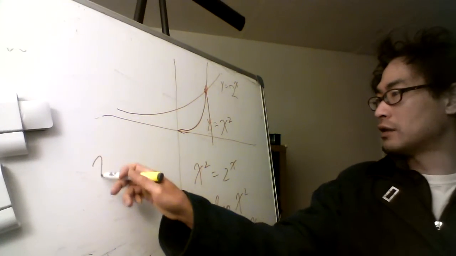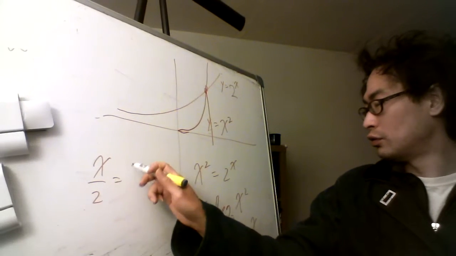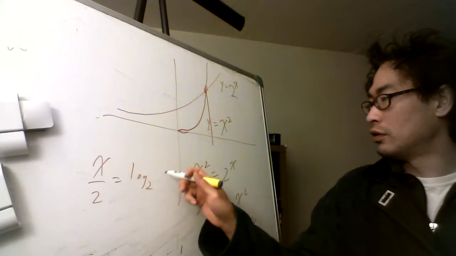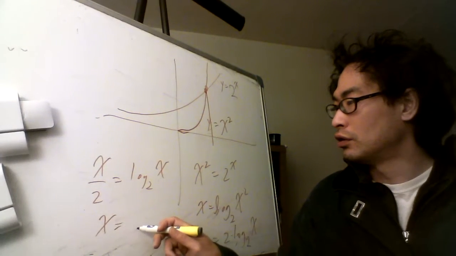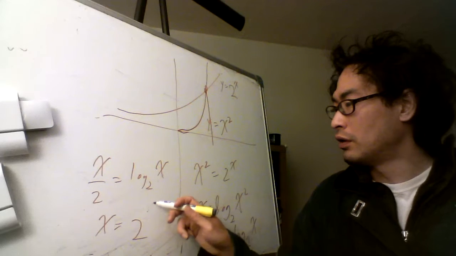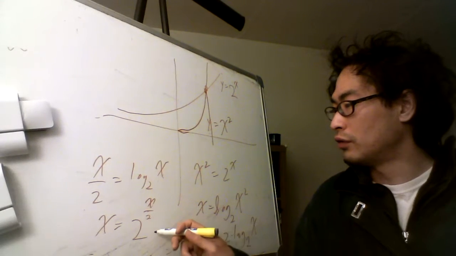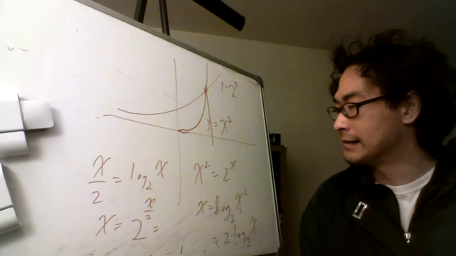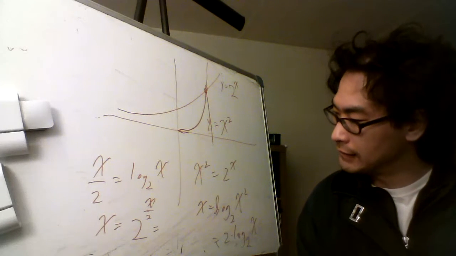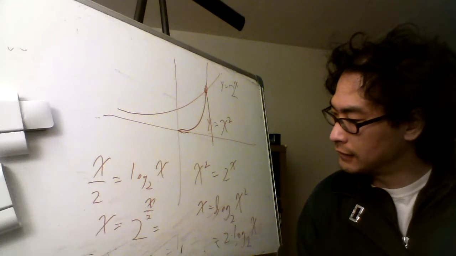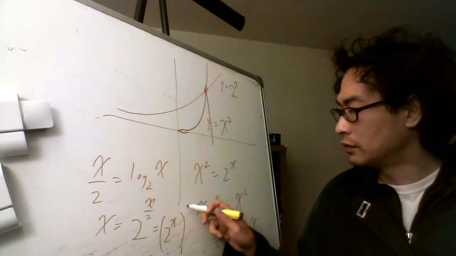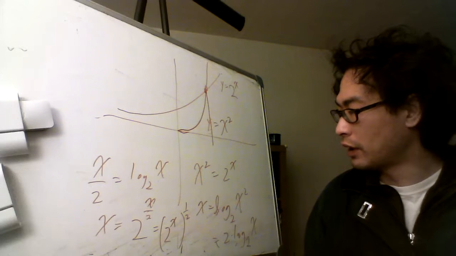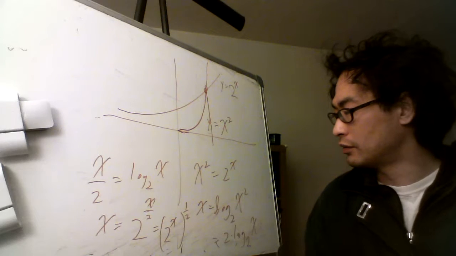So x over 2 is equal to logarithm base 2 of x, so x is equal to 2 to the x over 2, which is equal to 2 to the x to the 1 over 2. So they get multiplication.